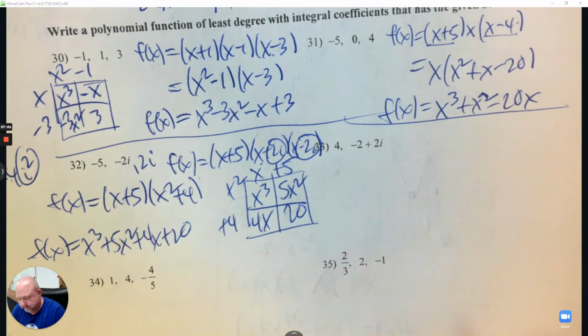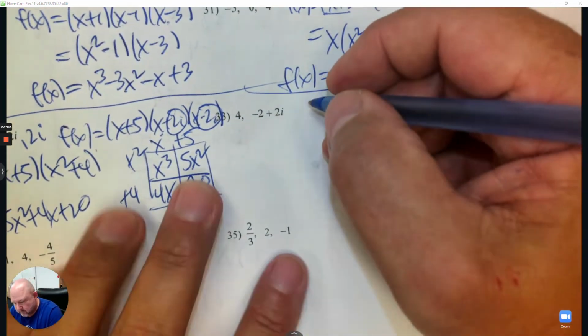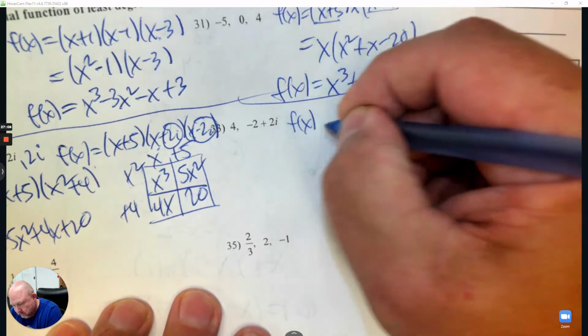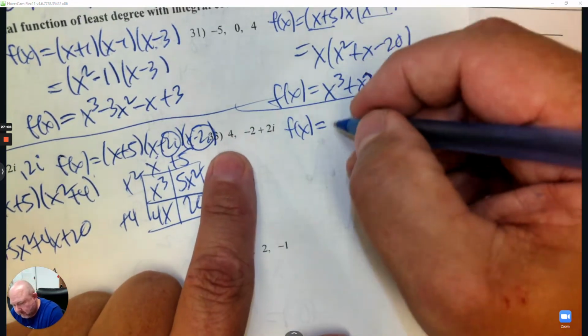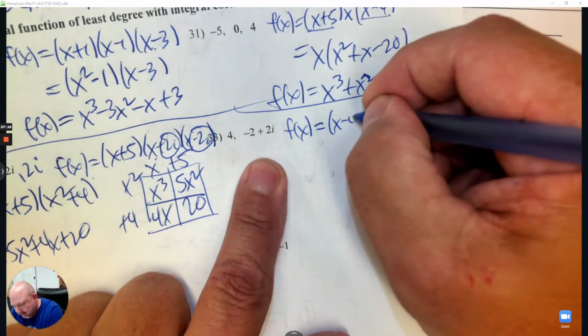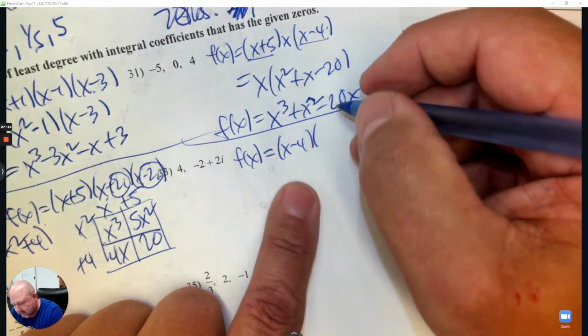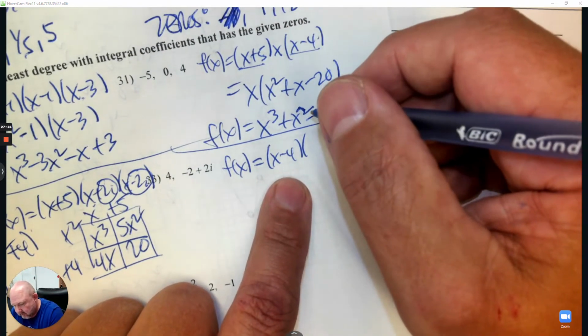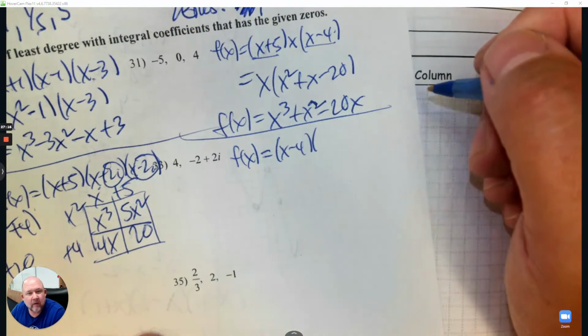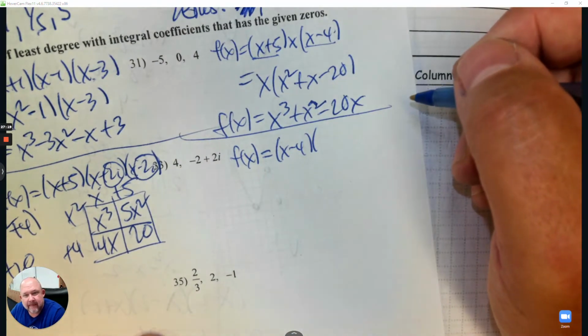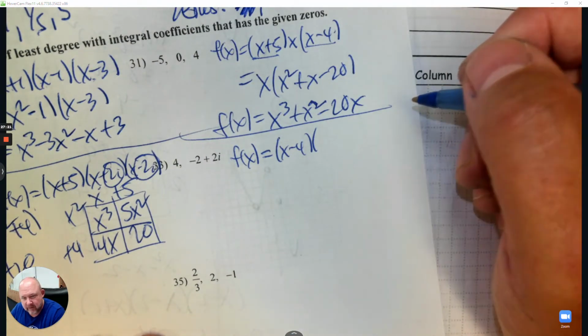All right, number 33. So 4 is x minus 4. This one's actually going to be a negative 2. Well, let's change this.